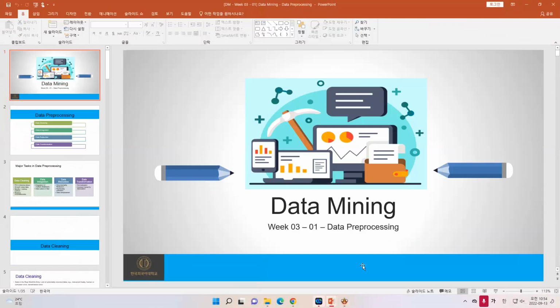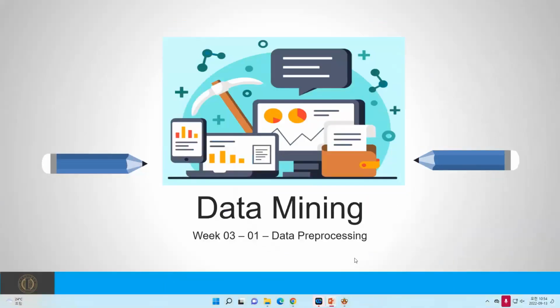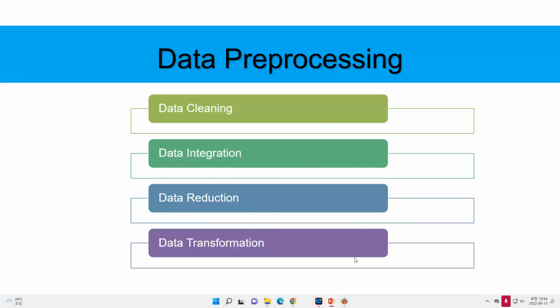I uploaded the materials to the e-class. This is about data preprocessing. In data preprocessing, the book mentioned that there are 4 types of tasks.